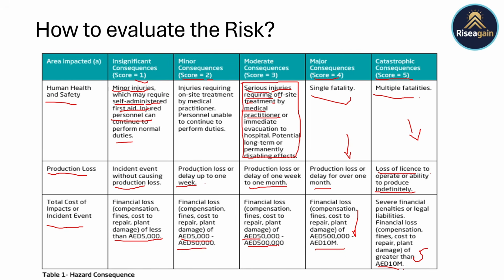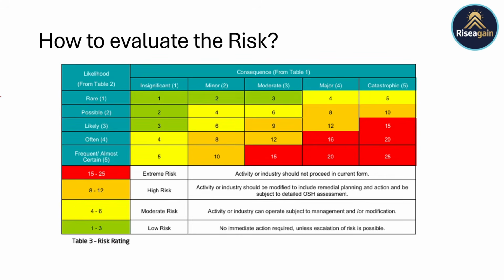So based on this you can understand your risk level and the consequences and likelihood. So here, for example, if from 1 to 3, that will be low. If the risk is low, no immediate action is required unless escalation of risk is possible. If that is 4 to 6, it is called moderate risk.